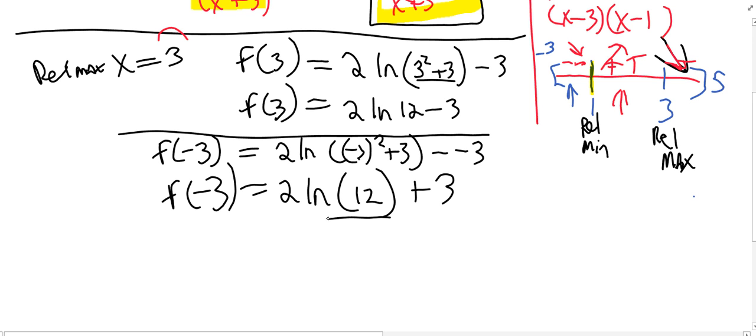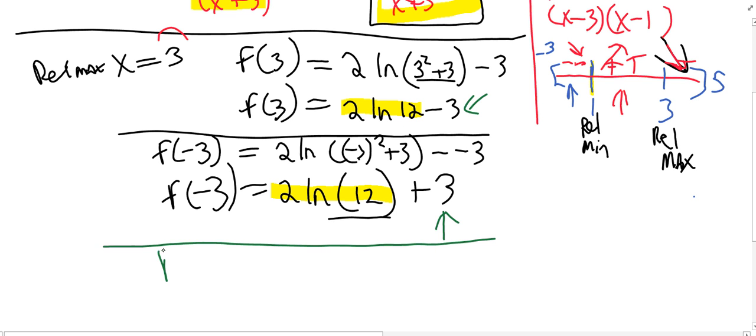Since we have no way of knowing what the natural log of 12 is without a calculator, it makes sense that here at negative 3, we have this quantity, which we also had in the function value at positive 3. Of course, no matter what the number is, whether it's positive or negative, it doesn't matter. If you add 3 to something and you subtract 3 from that same something, this is clearly going to be the absolute max. But let's come back to it.